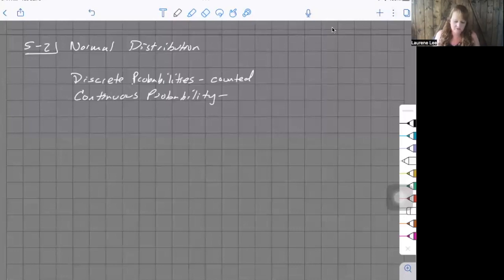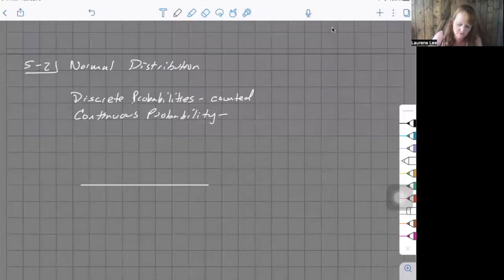We've talked about this before, when we talked about measures of position and z-scores. This is what your normal distribution usually ends up looking like. Instead of drawing bars, we're drawing a continuous curve.